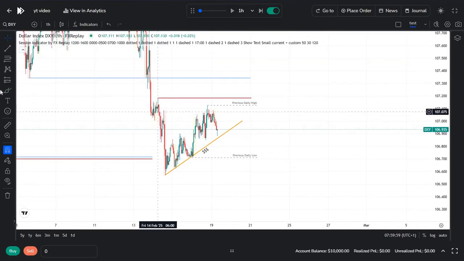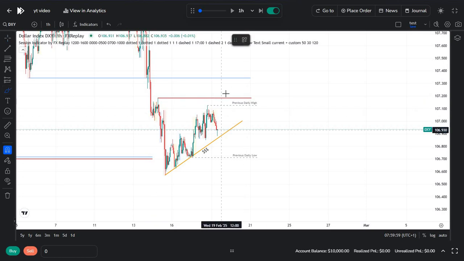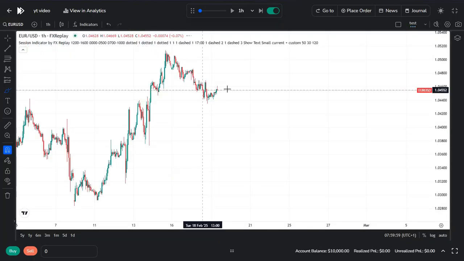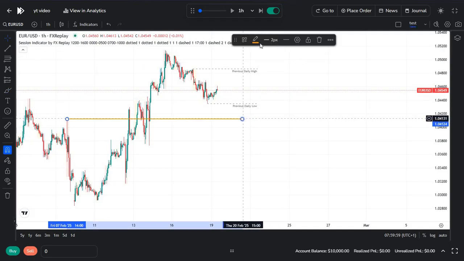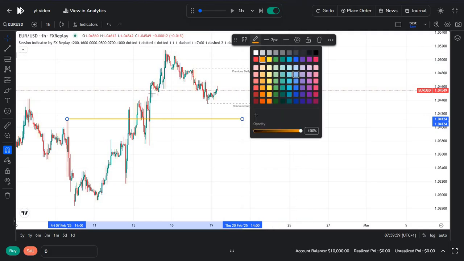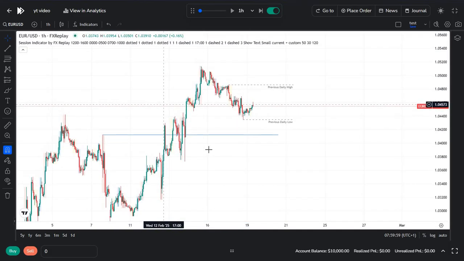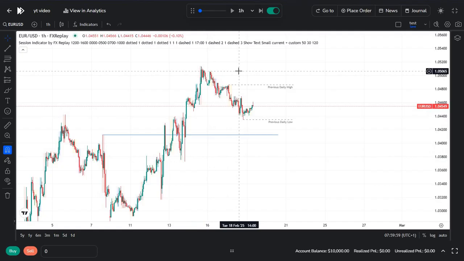So, knowing that DXY will probably go up, let's look at EU. With EU, the chart looks completely different, but you can see we have some efficiency right here. We're expecting the DXY to go higher.